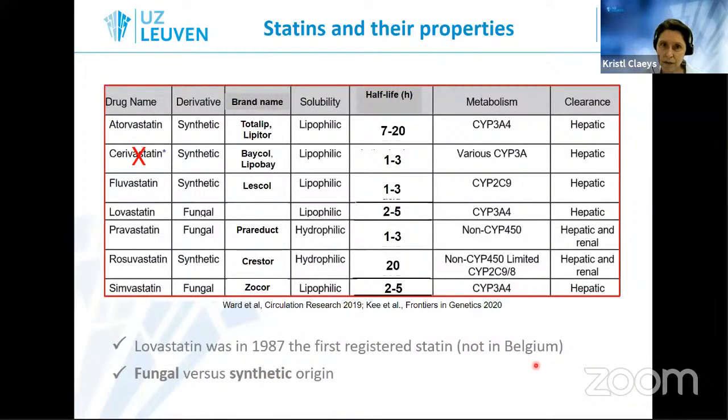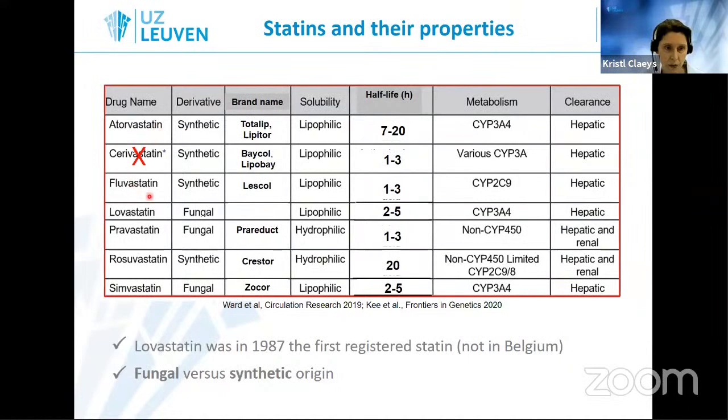There are several statins available. The first statin was lovastatin in 1987. That was the first registered statin. Cerivastatin is a statin that has been taken from the market because there were a large number of severe complications with rhabdomyolysis. It was under the names of Baycol and Lipobay, but is no longer available.